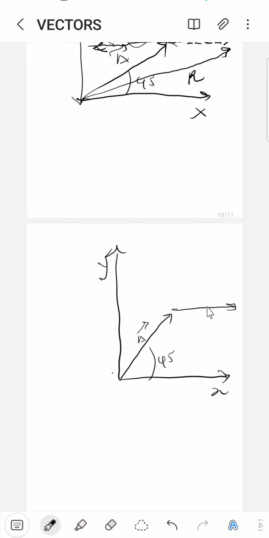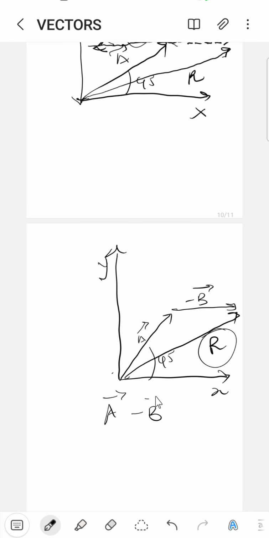Your B will be a negative B. The resultant will then be that. And this is graphically showing A minus B. This is how we show this graphically.